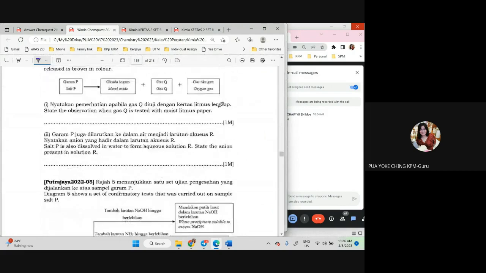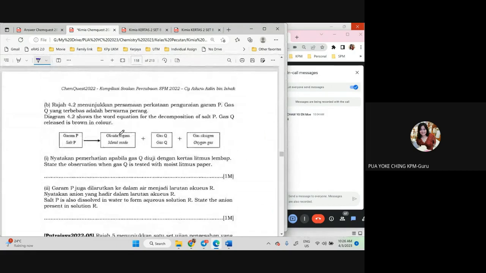Okay, so this is the P, you get Q, okay, tengok ni saya ada P. P dipanaskan metal oxide, lepas tu ada dua gas. If you saw there is two gas, you dah tahu salah satu mesti NO2. Satu mesti O2.